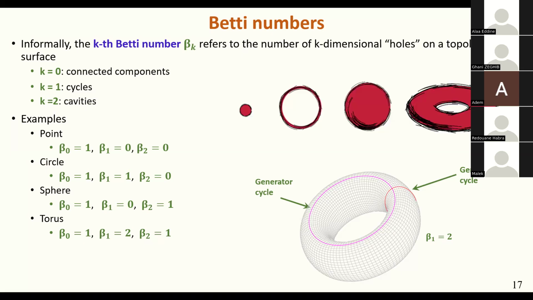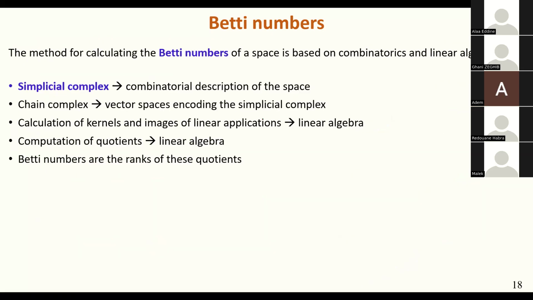And how can we compute it, without going into the details? We need to construct a simplicial complex, which is a combinatorial description of the space. Using linear algebra, we can compute the homology group of the space, and the dimension of the homology group is equal to the Betti numbers.